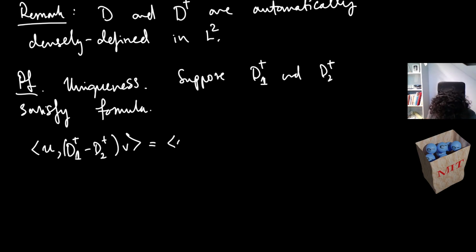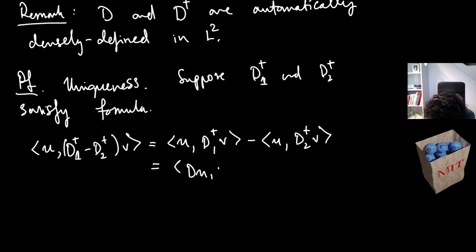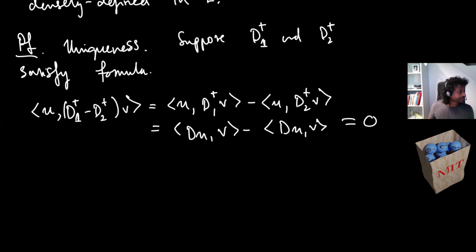So this is going to be D1 perp V minus U D2 perp V. And this is going to be equal to what? D of UV minus D of UV, so that's 0. Okay, so maybe I didn't need to do that calculation.